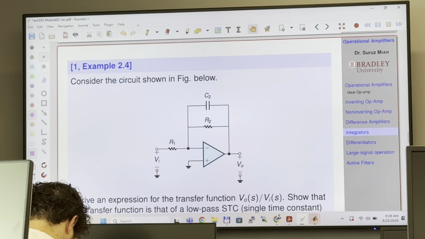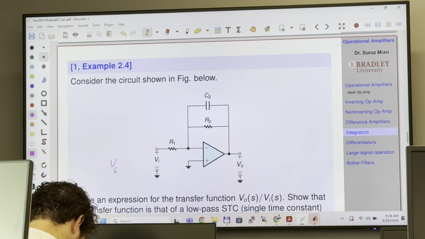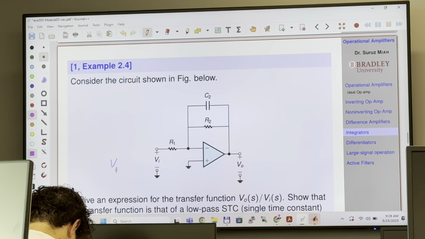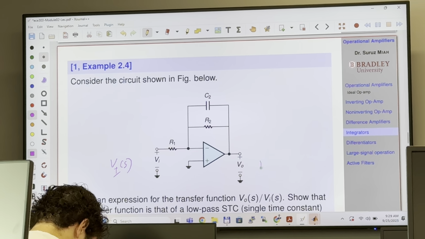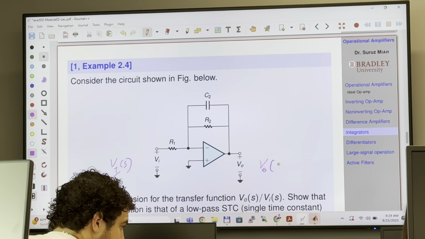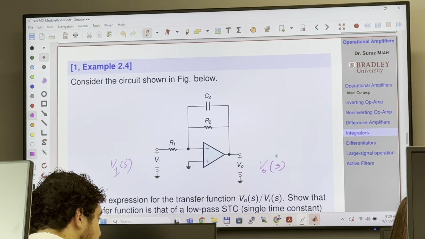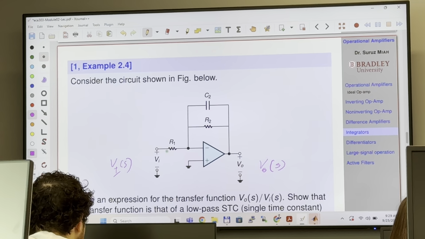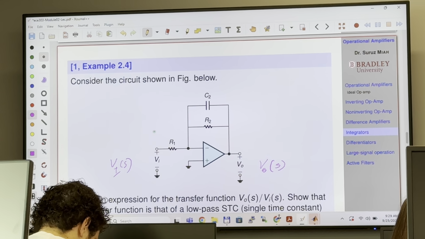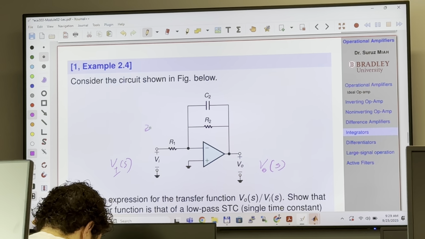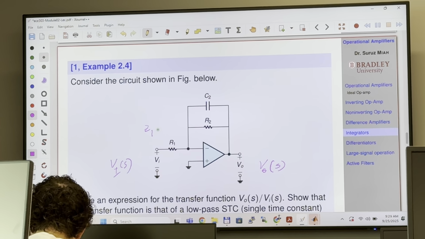Look, guys, here we have the input, so the Laplace transformation of this input is going to be Vi(s), and we have the output, and the Laplace transformation of the output is Vout. And what is the impedance? I'm just going to replace this R1 with impedance.